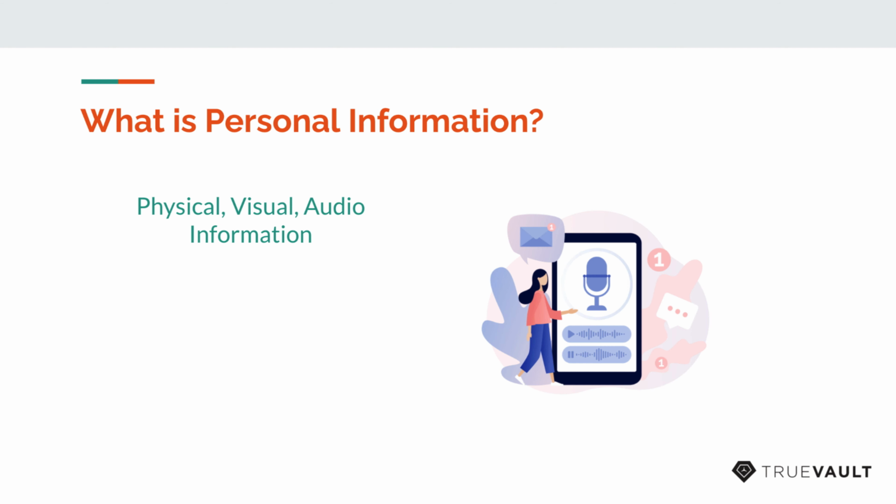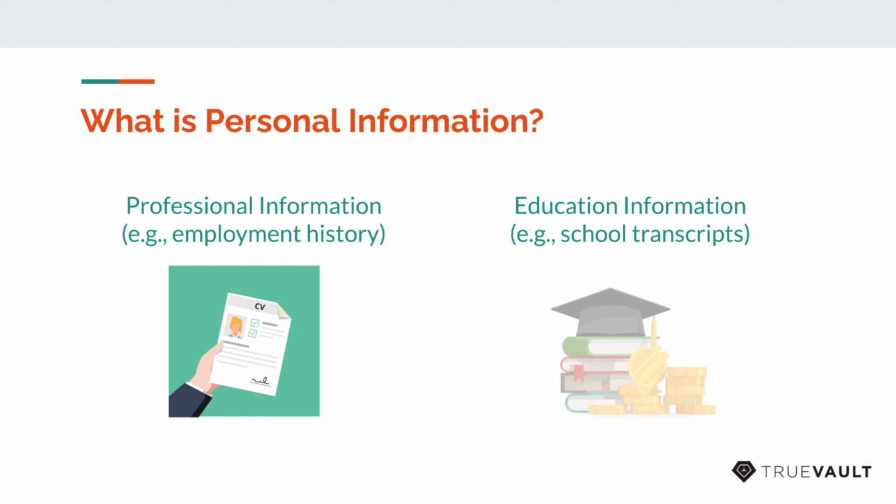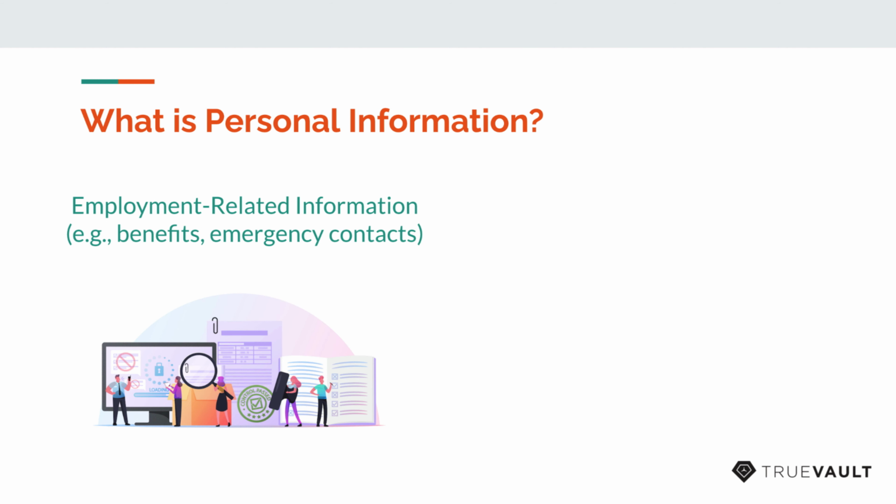Personal information also covers physical, visual, and audio information, such as photographs and voice recordings. Personal information includes professional information, like employment history and professional affiliations. It includes non-public education information, like school transcripts. And it includes employment-related information, such as information needed to hire an employee or administer benefits. For example, health insurance information and emergency contact information.